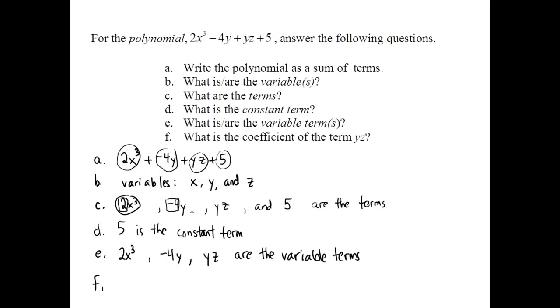Negative 4 is the coefficient of negative 4y. Positive 1 is implied to be the coefficient of the yz term. So 1 is the coefficient of yz.